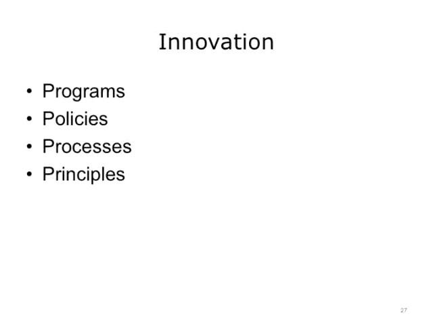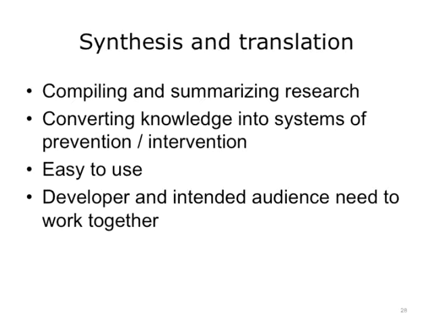The framework is intended to be applied to the types of innovation used in prevention programs. In the context of this framework, innovation is intended to mean programs, policies, processes, and principles used in the implementation of health prevention. To ensure that innovation is successfully disseminated and implemented, the information used within the programs, policies, processes, and principles of health prevention must be understandable and usable to a wide audience of users.